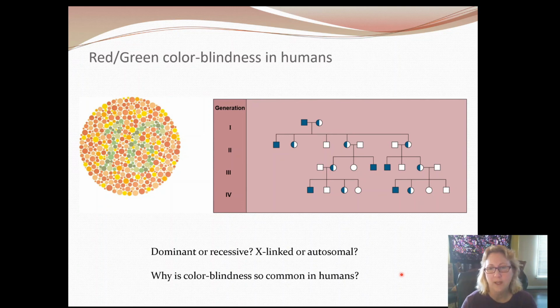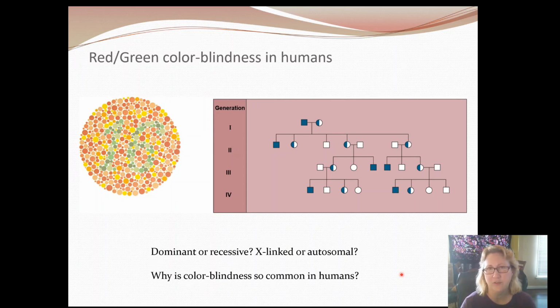So somebody went and looked at hunter-gatherers and asked the question, are hunter-gatherers colorblind? For modern populations in the US and Canada, it's about 8% of males who are colorblind, which is quite high for a recessive genetic condition. For hunter-gatherers, the percentage of males who were colorblind was that level or even a little bit higher.